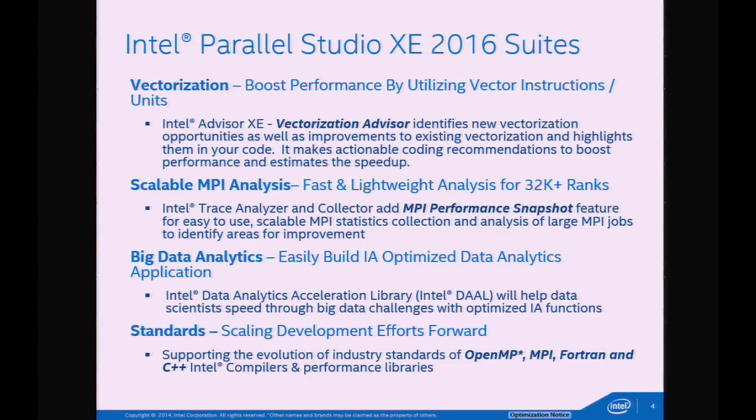You might have a data dependency in your loop that causes the compiler to not do the auto-vectorization. It'll also tell you potentially how to solve it. We'll give you samples about what the particular issue is and how to potentially resolve it, as well as an efficiency rating or performance gain rating, so how much potential performance you can gain by fixing whatever vectorization issues you might have. So that's brand new in 2016.